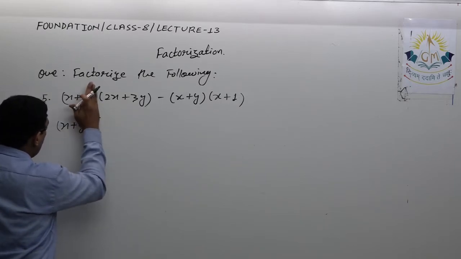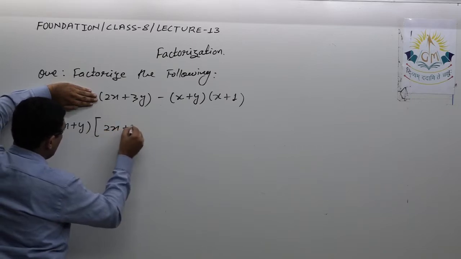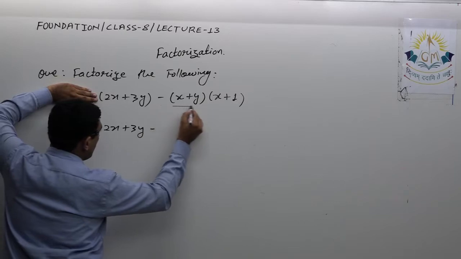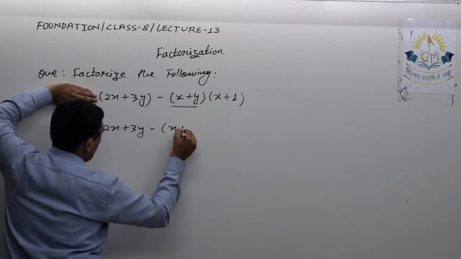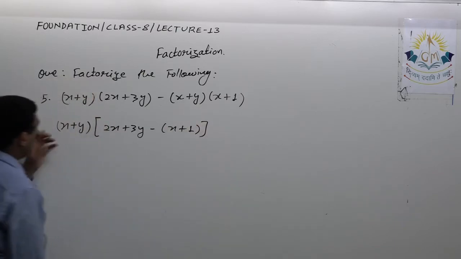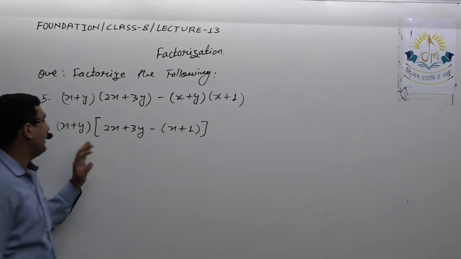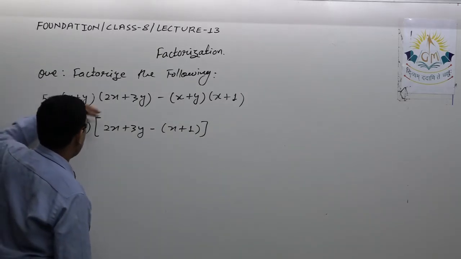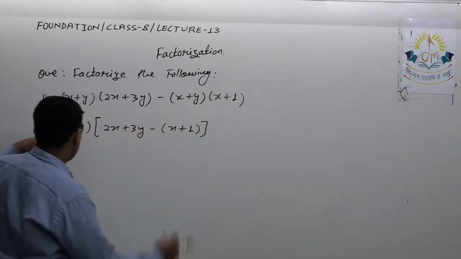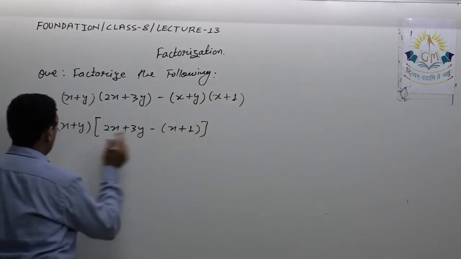So when I take this common, only 2x plus 3y will be left, minus. Here again I took this common, so minus of x plus 1 will be there. Whatever you find common or the same, that you have to take out. So I am left with 2x plus 3y minus of x plus 1.